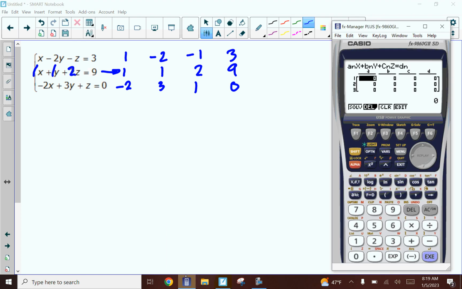So then that goes in the calculator. We're going to type in 1, execute, -2, execute, -1, execute, 3, execute, 1, 1, 2, 9, -2, 3, 1, and 0.